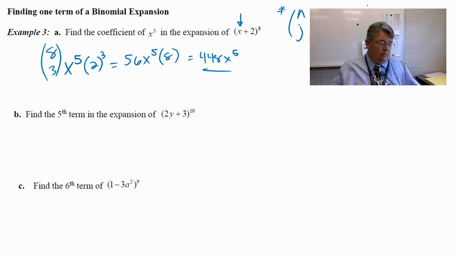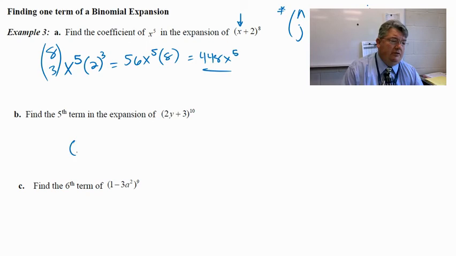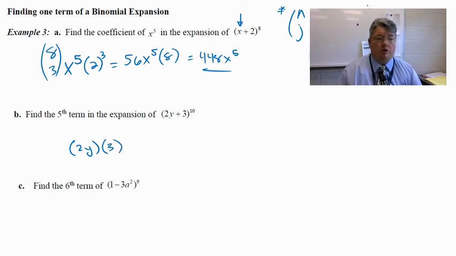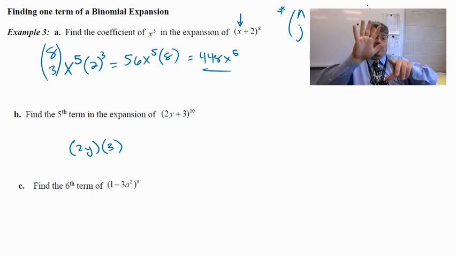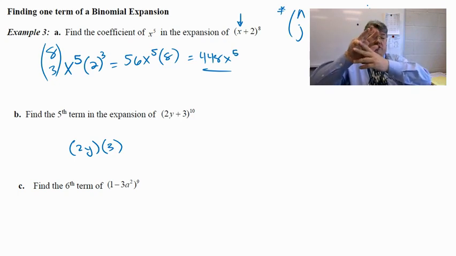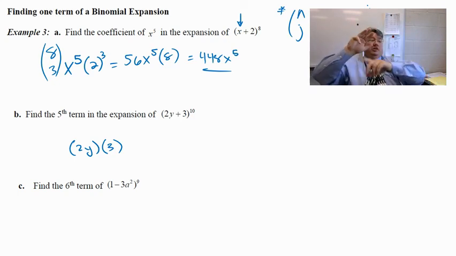Now find the 5th term in this expansion. The 5th term is going to have 2y to the power of something. I was going to say 5, but I'm not so sure anymore. For this, I have to use the finger approach. The first term is going to have a to the power of 10 in it, and then it'll go down: power of 10, 9, 8, 7, 6.